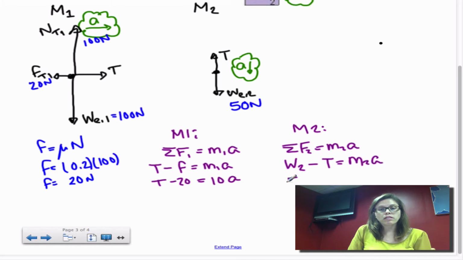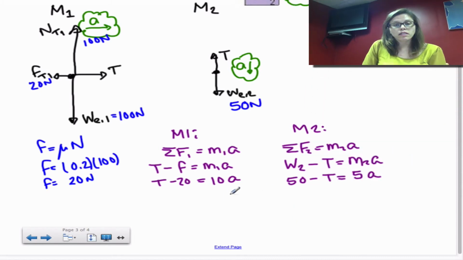So the weight's 50 minus tension equals m2 is 5a. And then just like before, we'll stack the equations. So T minus 20 equals 10a, and negative T plus 50 equals 5a.